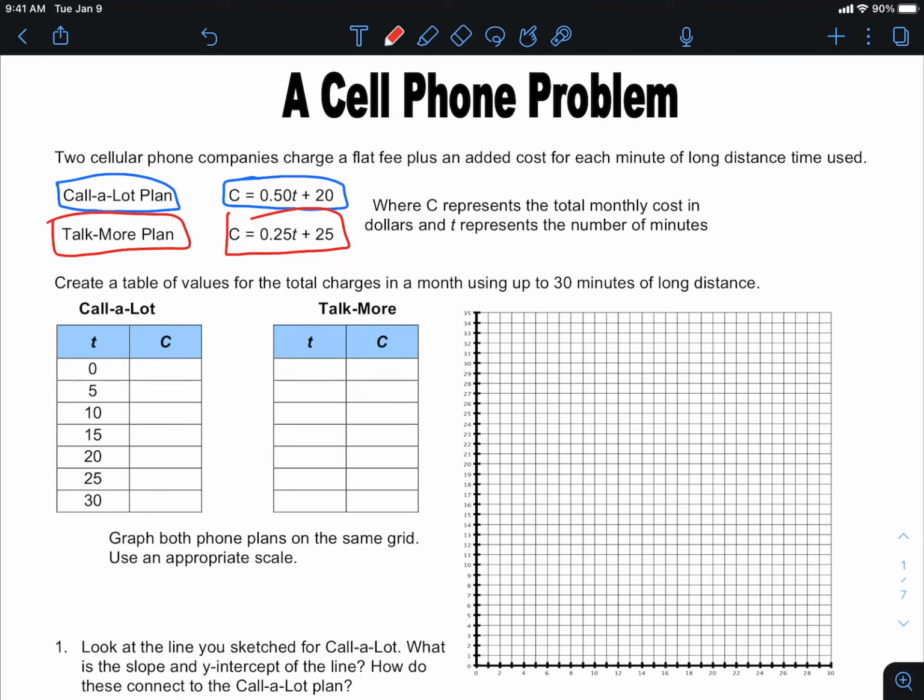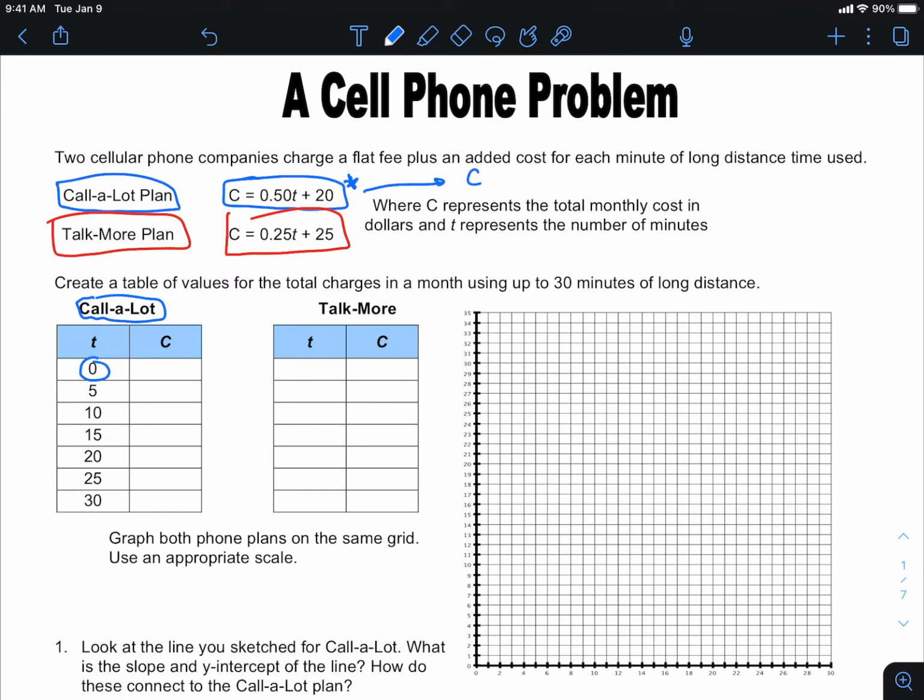So you have to ask yourself, and I've already kind of said this a little bit, when I look at the call-a-lot plan, the blue equation, how much is it going to cost me to talk on the phone for 0 minutes? Well, you can use your equation.